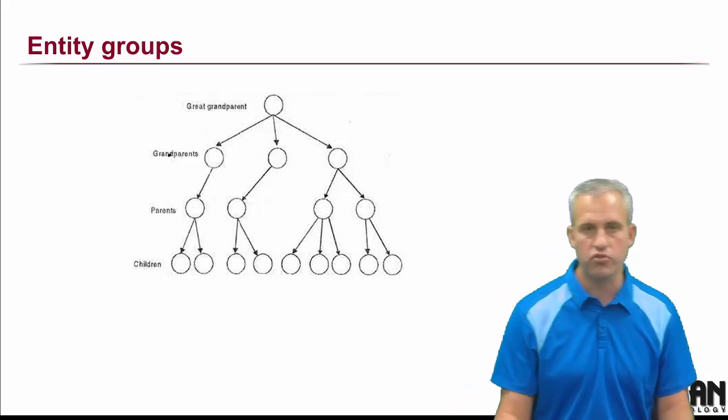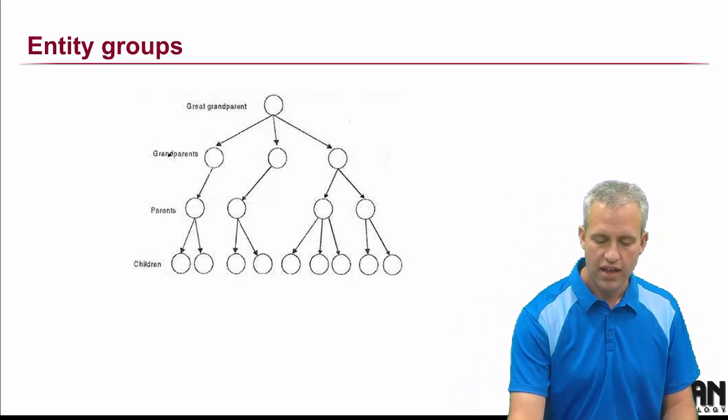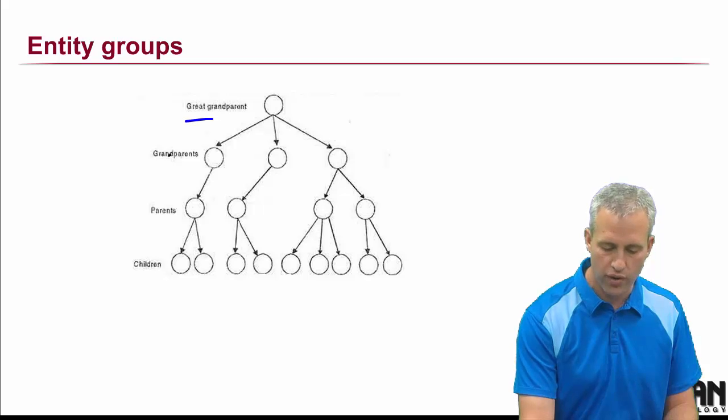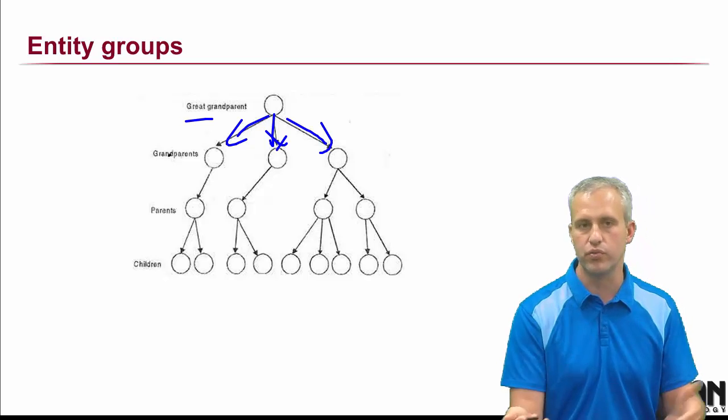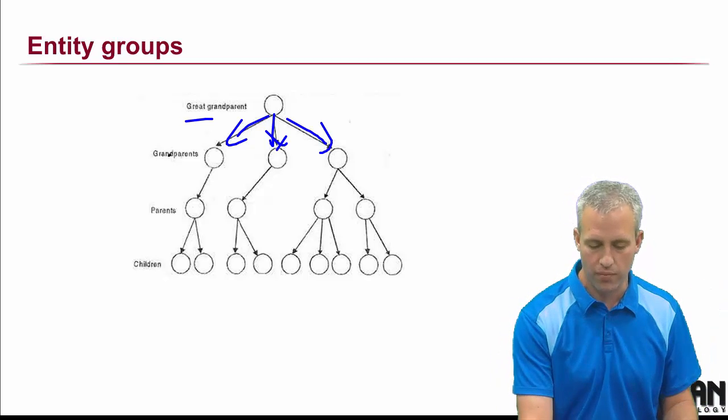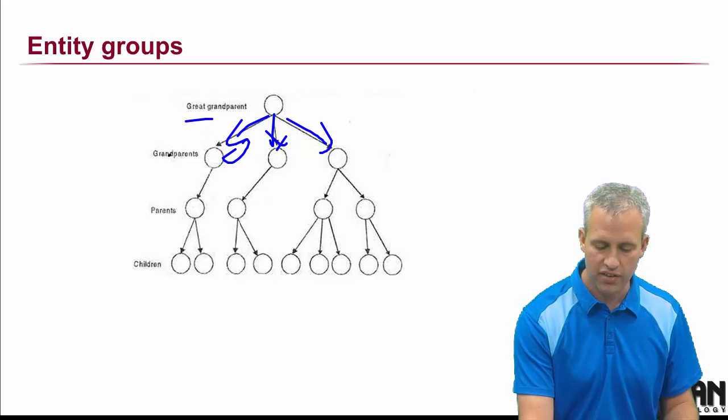So the entity group structure is such that a key, so this is the great-grandparent, can have as many children under him as he likes, right? So shown here is 3 because wherever I ripped the graphic off from, there are 3. But he could easily have thousands, right? So you can have as many children as you want.